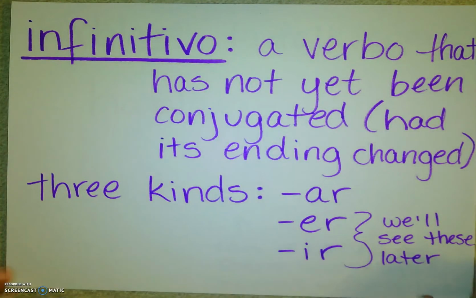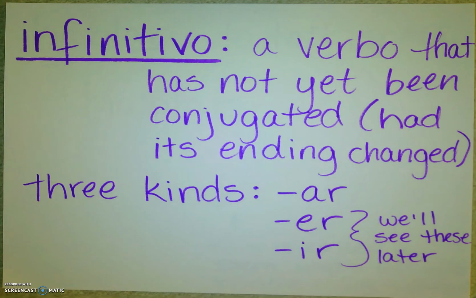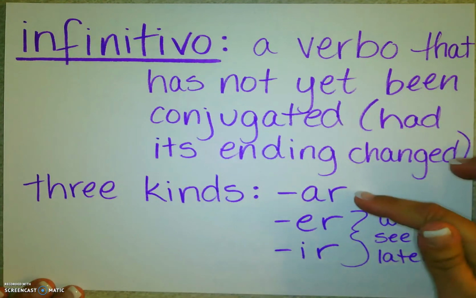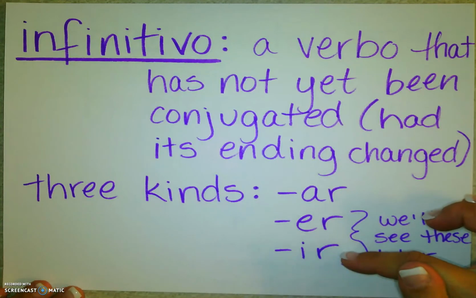An infinitivo is a verb that has not yet been conjugated, which really is just a fancy way of saying it's a verb that has not had its ending changed yet. In Español, there are three kinds of verbos, three kinds of infinitivos: AR, ER, IR.